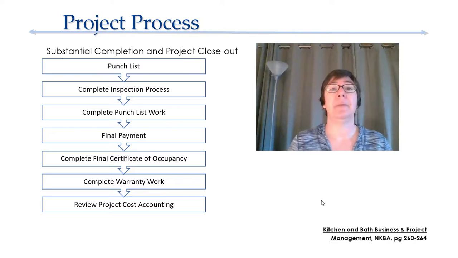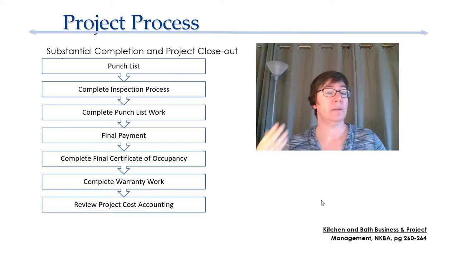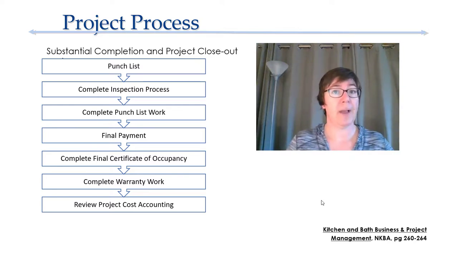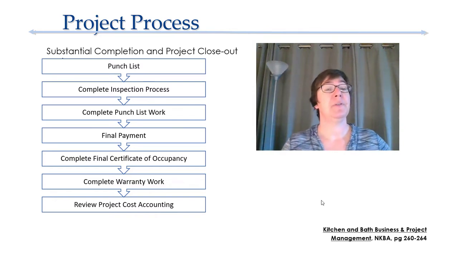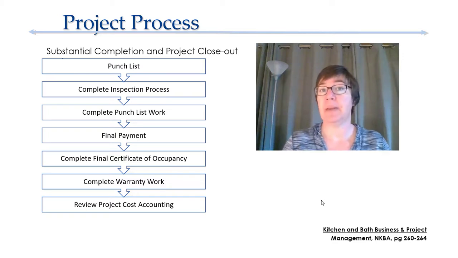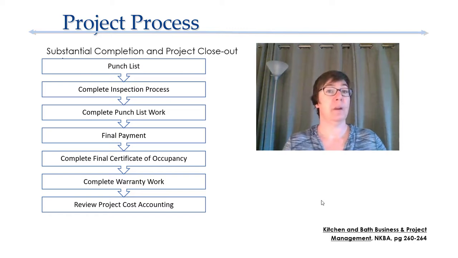All right, this part starts with the punch list. Punch list is a process where the designer, the contractor or subcontractors, and the owner will review the project and make note of any last work that remains to be done. If there's any final inspections that need to happen, they go in this phase. The punch list work is then completed, and the project is eligible for final payment.